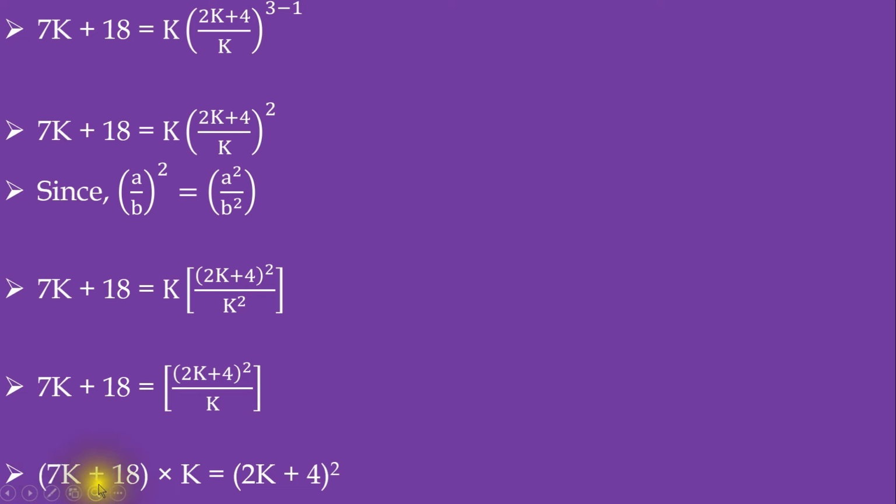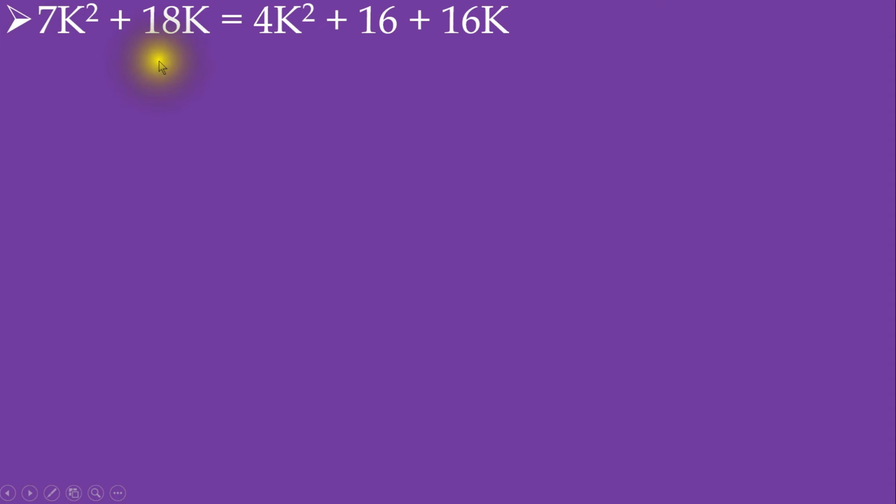Now bring this k to the LHS. We get 7k plus 18 into k is equal to 2k plus 4 whole square. In this LHS, 7k into k is 7k square and 18 into k is 18k. And in this RHS, 2k plus 4 whole square is 4k square plus 16 plus 16k. So the next step will be 7k square plus 18k is equal to 4k square plus 16 plus 16k.